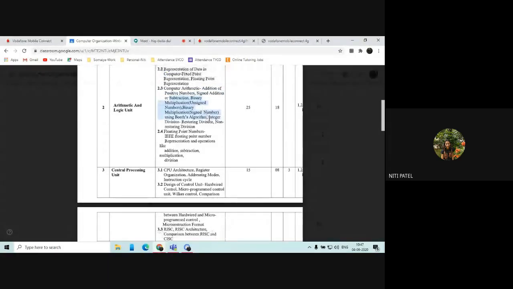We have completed addition of positive number, sign addition, subtraction, binary multiplication, signed, unsigned, Booth's algorithm, and restoring division. So we are left with non-restoring division, floating point representation. And can you see this part, representation and operations like addition, subtraction, multiplication, and division? 2.4.